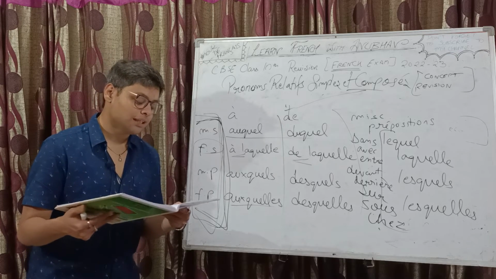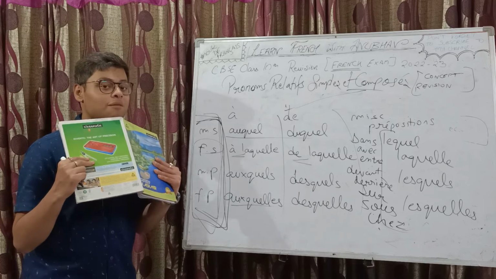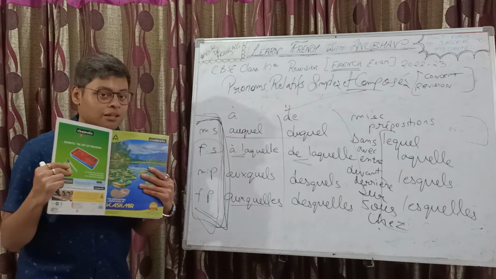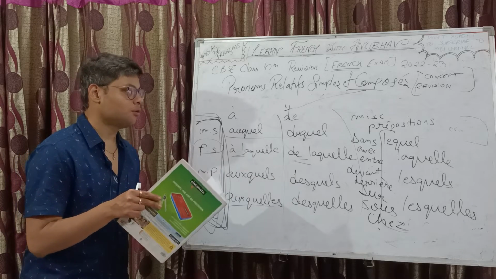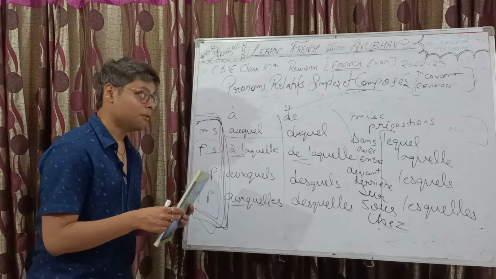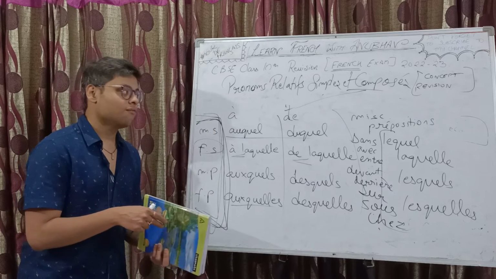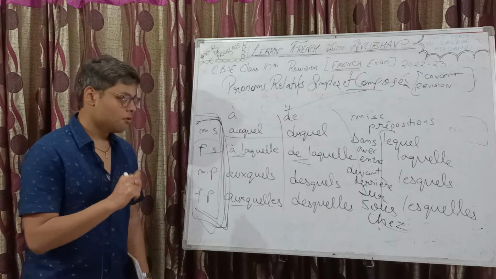So we get to know that the presence of a preposition plays an important role in deciding whether to use simple or composé, because in the majority of cases, if we have a preposition, we go for composé. Let me tell you how we do that.